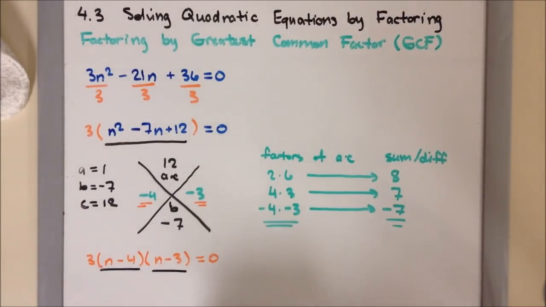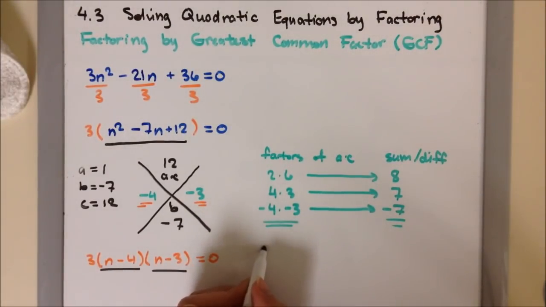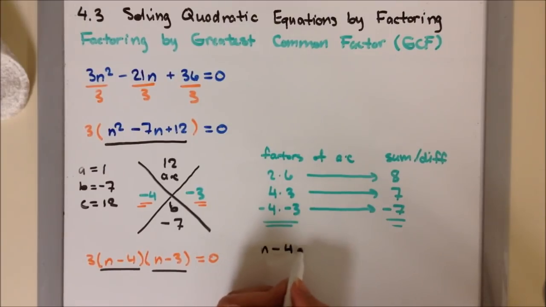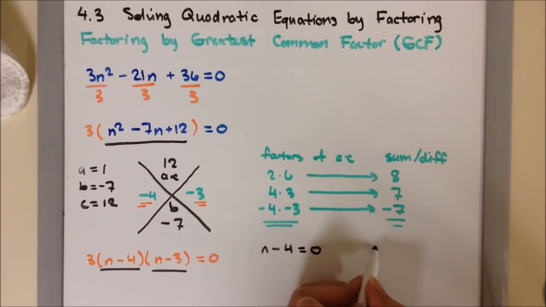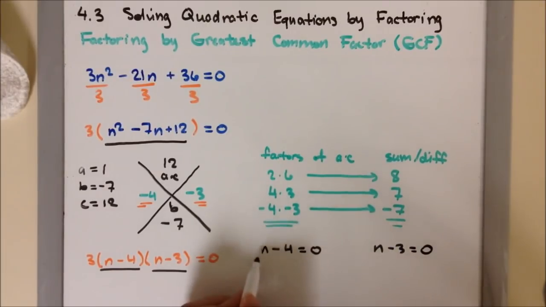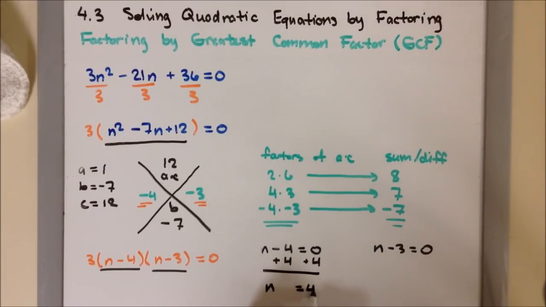And then the only ones I'm going to set equal to zero are the ones that have the variable n. So my first one, n minus 4 equal to 0. The second one, n minus 3 equal to 0. So for the one on the left, n minus 4, I'm going to add 4 on the left, add 4 on the right. So it's going to be n equals positive 4.